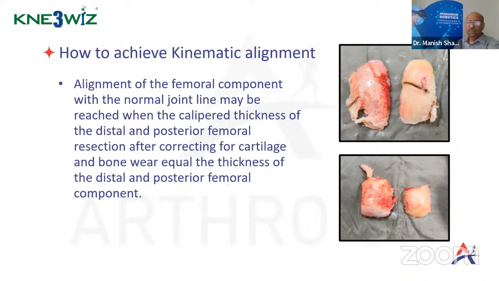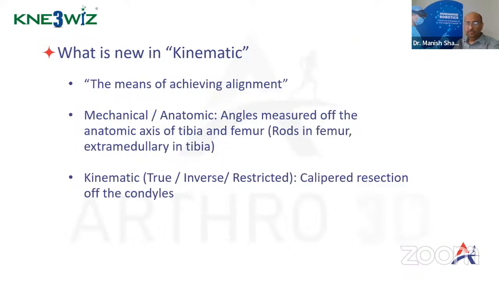Thus, correcting for cartilage and bone wear, and then cutting equal to the thickness of the distal and posterior femoral component, one could get back to the pre-arthritic alignment of that individual person. Thus, we had, for the first time, a calipered resection of the condyles.